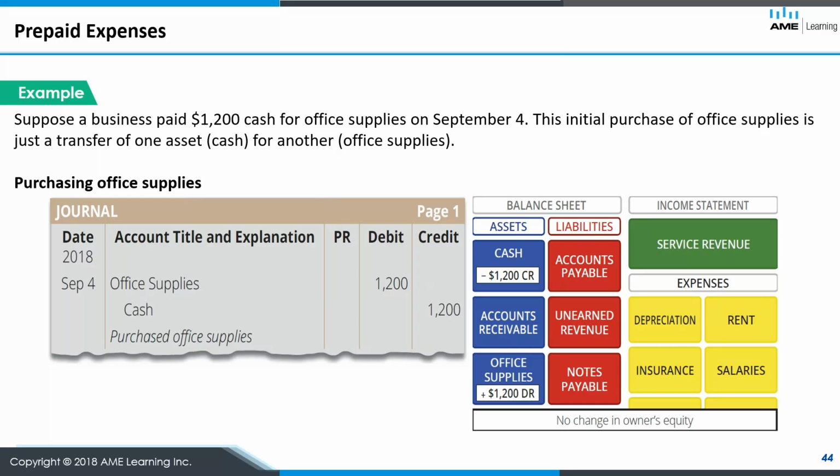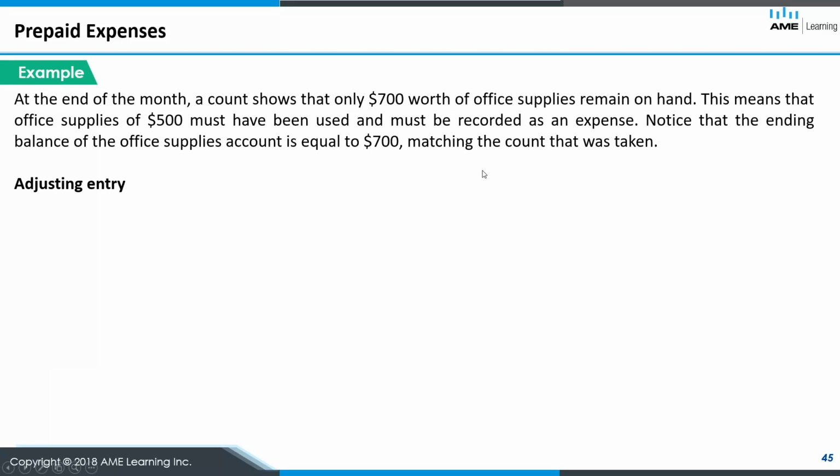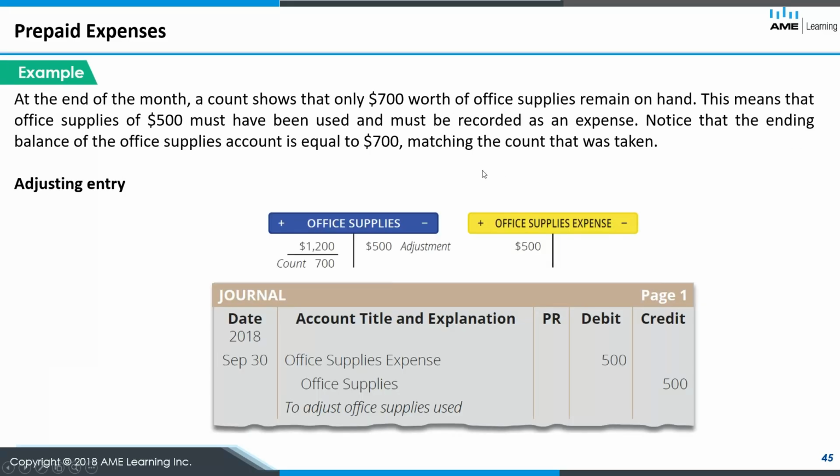We as the accountants don't typically track the usage of office supplies on an ongoing basis during the month. So we're not sitting there tracking all the sheets of paper that are used up and reducing the office supplies little by little for each page that's printed. That would, from a cost benefit perspective, be a waste of time.